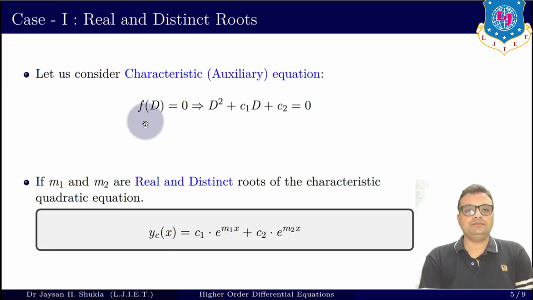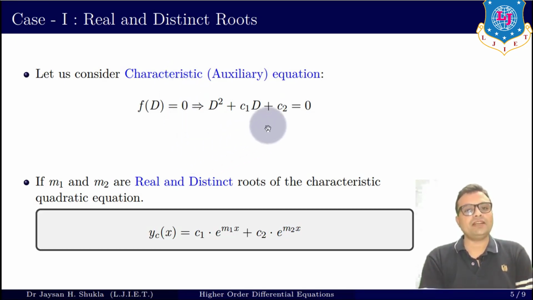So, for example, if we consider a second order differential equation and equate it to 0, the equation obtained is known as the characteristic equation or auxiliary equation of the given higher order differential equation.